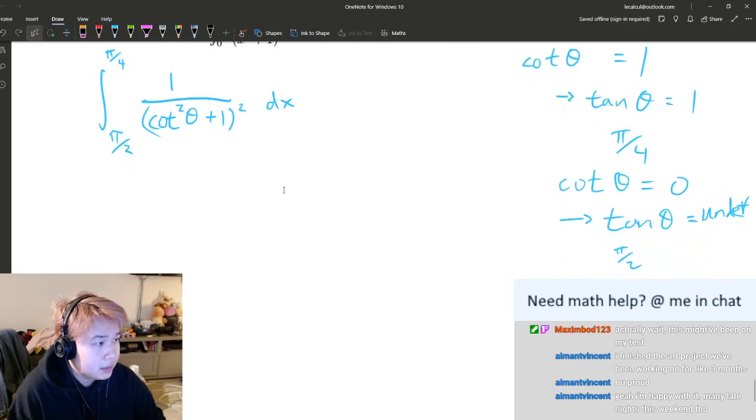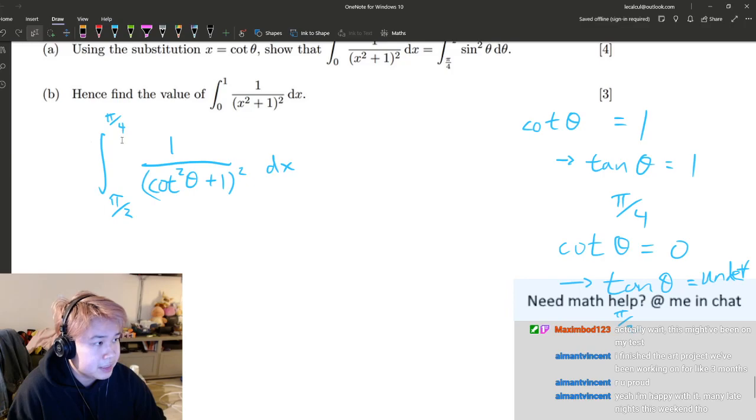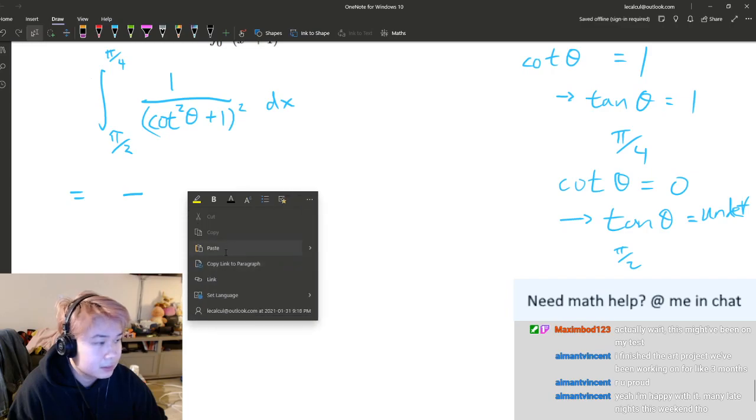Okay, well, these boundaries are opposite, not quite right. This one's larger than this one. So what I'm going to do is change them. So this is equal to the negative of the reverse boundaries.